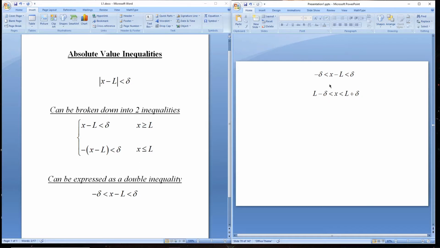And we're going to use this one and look at a number line. So L plus delta, this is the largest value in the interval. And L minus delta is the smallest value in the interval.